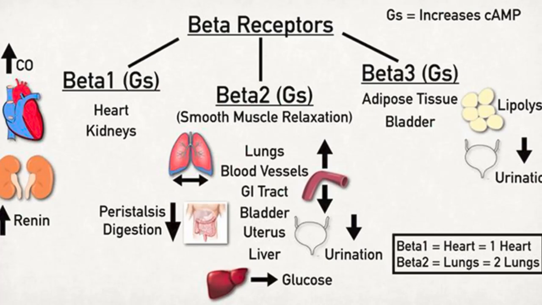Angiotensin 2 does what? Angiotensin 2 causes blood vessel constriction, so it actually circulates back onto your alpha 1s. And the angiotensin 2 also causes the release of aldosterone. Aldosterone is like prednisone.